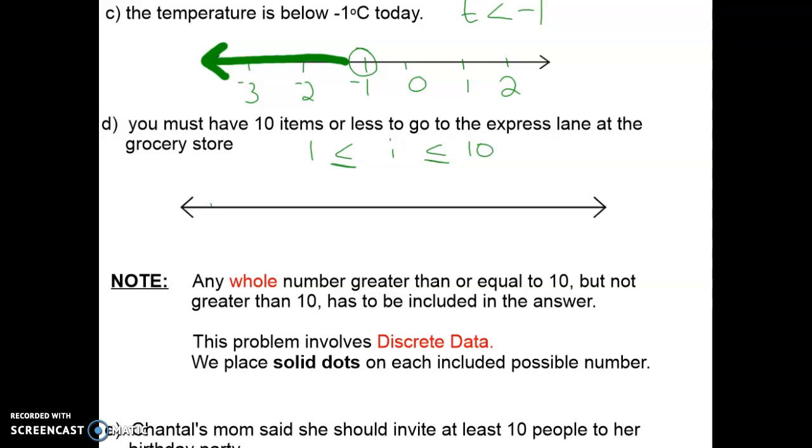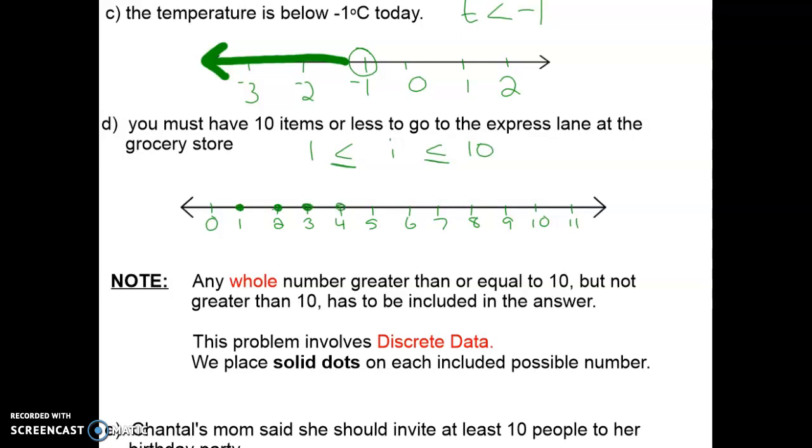Let's put the numbers on our number line. And this time, since we can't buy half an item, we have got to just draw the dots because this one is going to be discrete. So we're going to draw solid dots at all the numbers that are part of our solution.